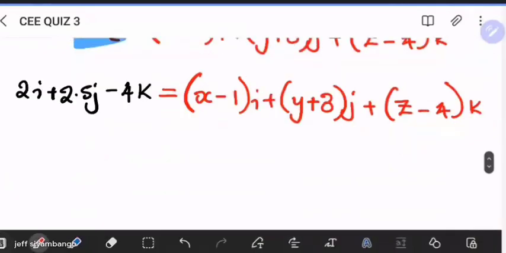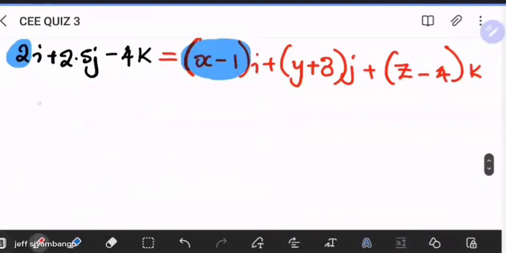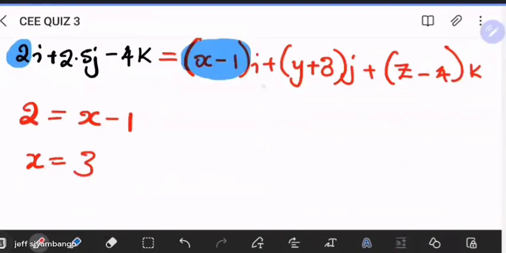From here, easy. Equate everything that has an i to what has an i on the right-hand side. This gives you 2 equals x minus 1. Eventually, x will be equal to 3. In the same way, here, equate everything with a j. We see that we have 2.5 equal to y plus 3.